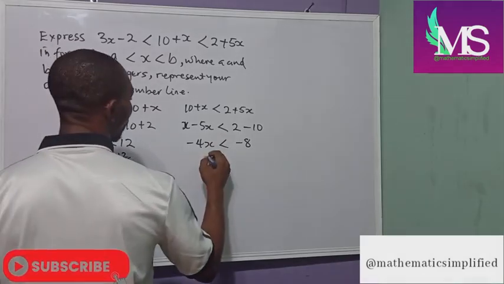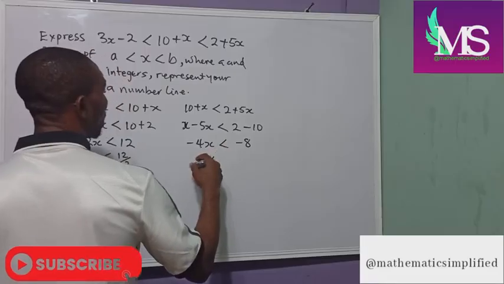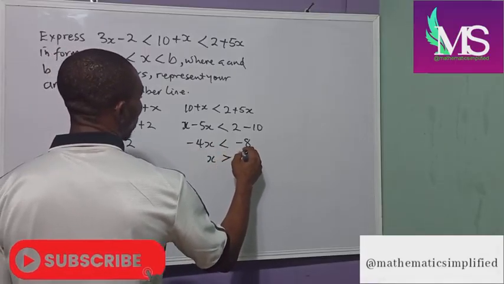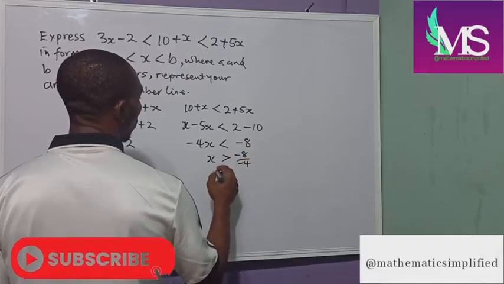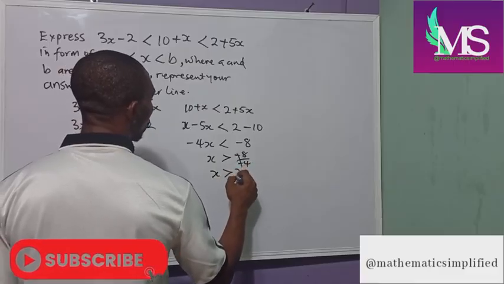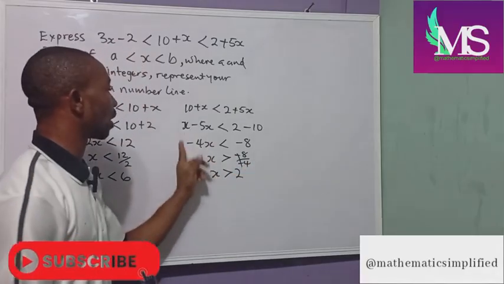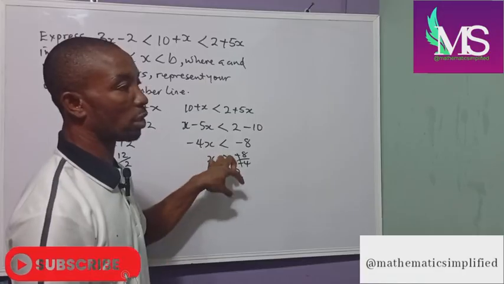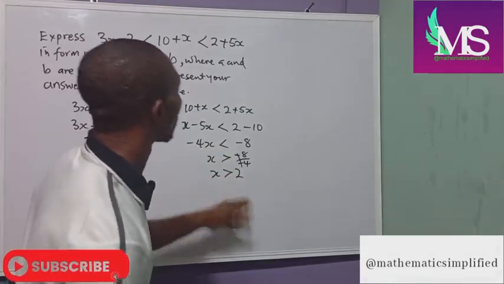So dividing both sides by minus 4, x will be greater than minus 8 over minus 4. So x is greater than 2. Okay, so always remember that whenever your x is negative, to make it positive, you also interchange your sign.